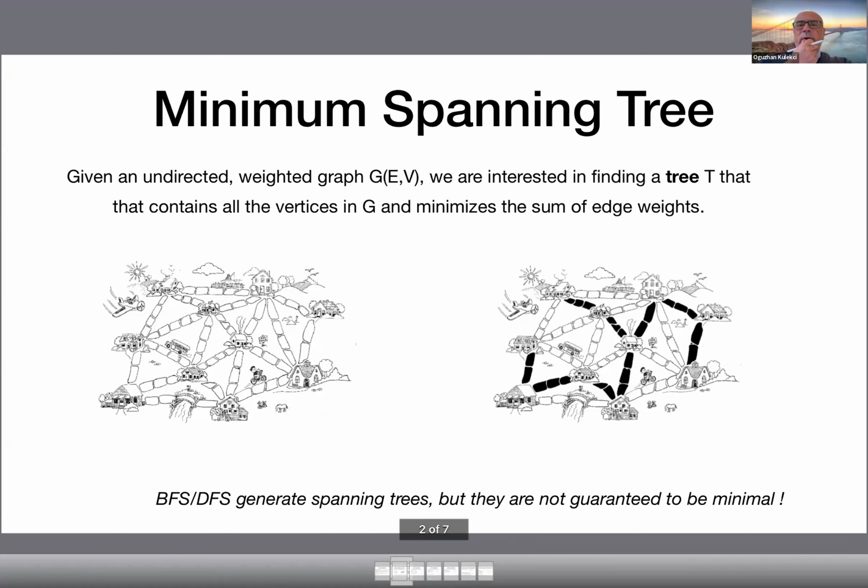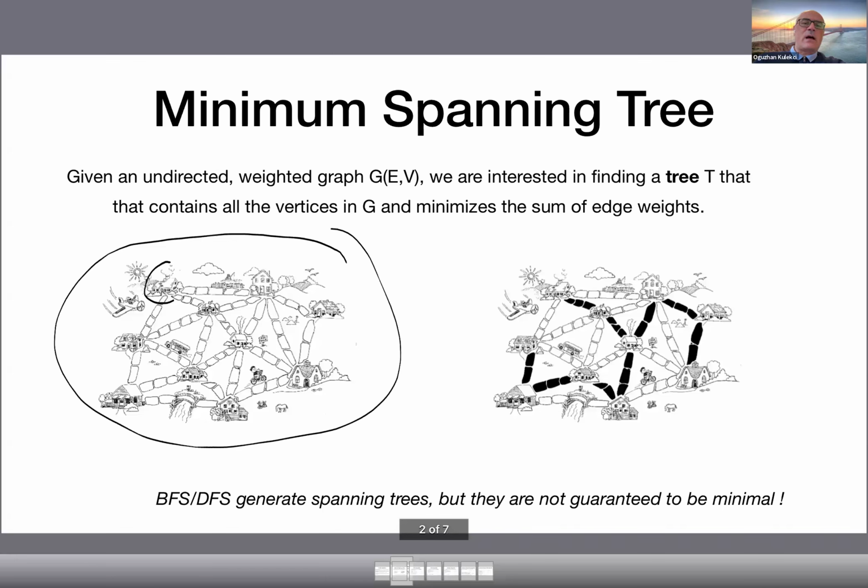I like this example to explain the minimum spanning trees, so I will repeat it here. Let's assume we have a city, and in the city there are sites, houses. These houses are all connected by roads. The new mayor wants to renew the roads because they are not in good shape.